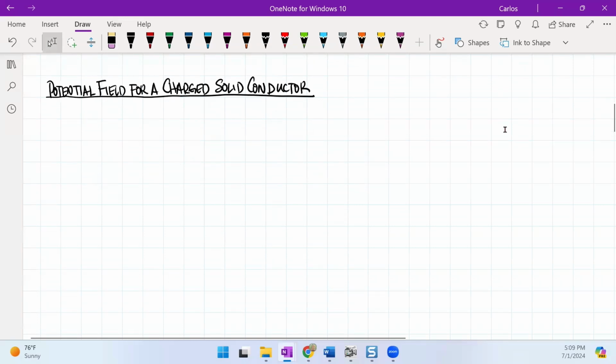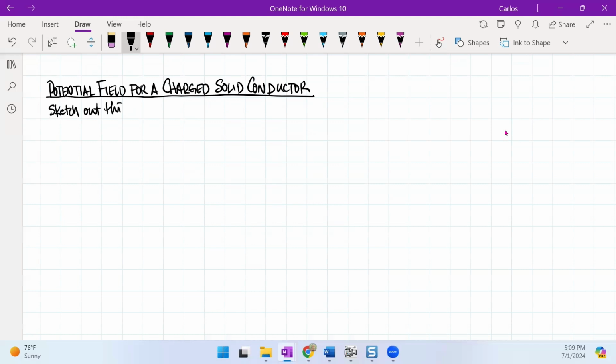So what I'd like to do here is that I want to sketch out this scenario. And so we have to play the same game that we did before.